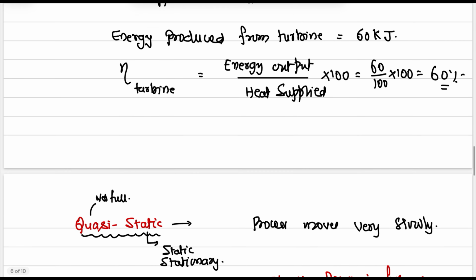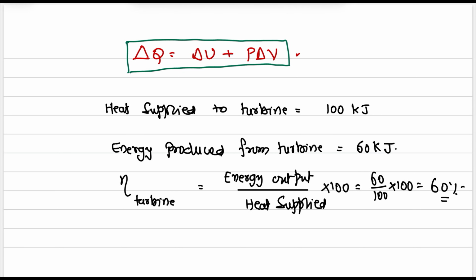A process has to be quasi-static, that means it happens very slowly. The process has to be continuous. The process should not have irreversibilities. Then we can apply mathematical applications such as integration and differentiation. And we can arrive at formulae such as this.